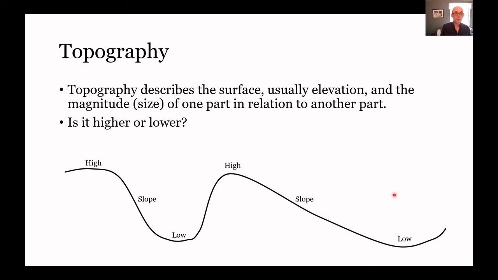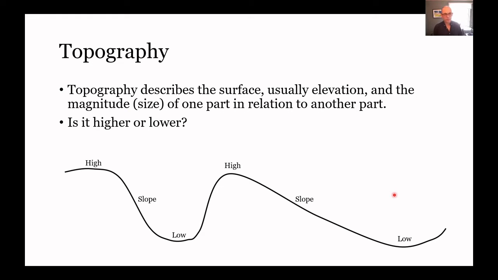Let's start with topography. We can actually apply these concepts to other types of continuous data as well in our analyses. But for now, let's just stick to topography as in elevation, height above sea level. Where we have continuous data, we can think of similar concepts that apply even to these as well.